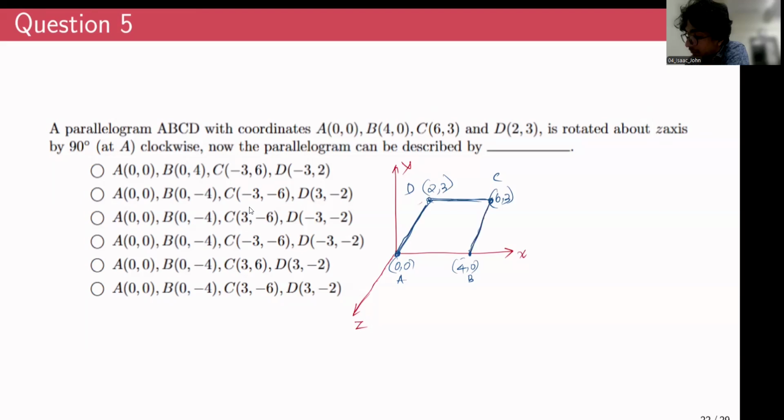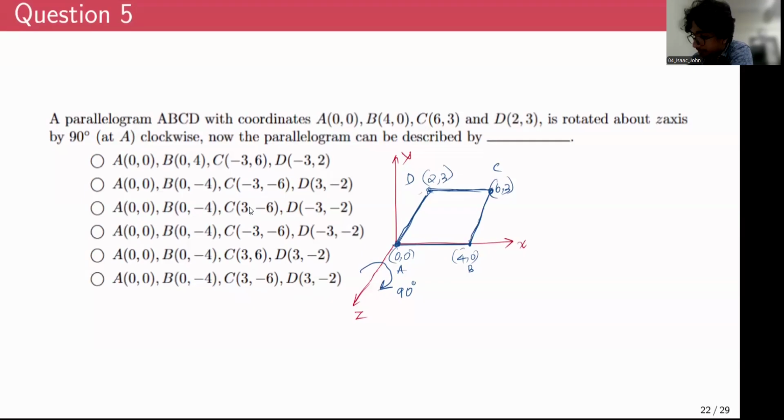Now, if you're rotating this parallelogram about the z-axis clockwise by 90 degrees, what is the new location of these vertices? You can do this by rotation matrices, or by transformation matrices.